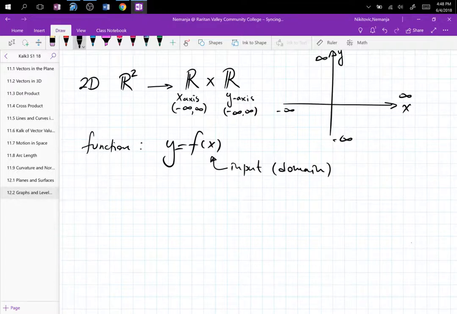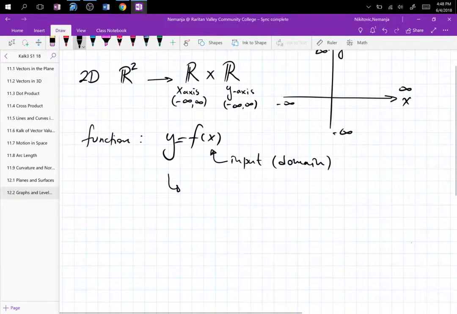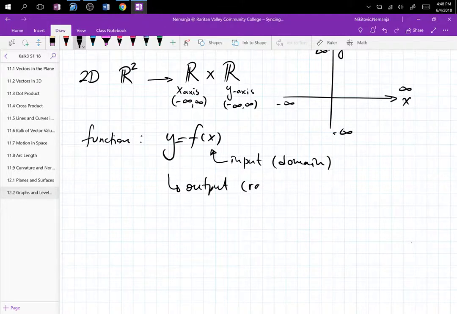Domain was the set of all values that you can use to plug into the formula. And then y was the output, which we call the range. And as you can see, each one of these is just a one-dimensional number line. So you have x dimension, y dimension, so two of them makes a 2D space.